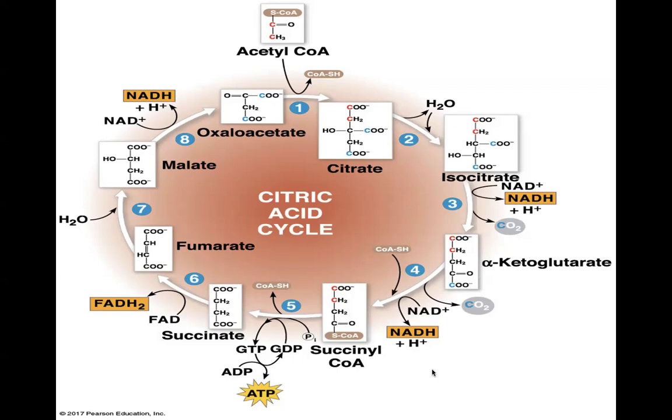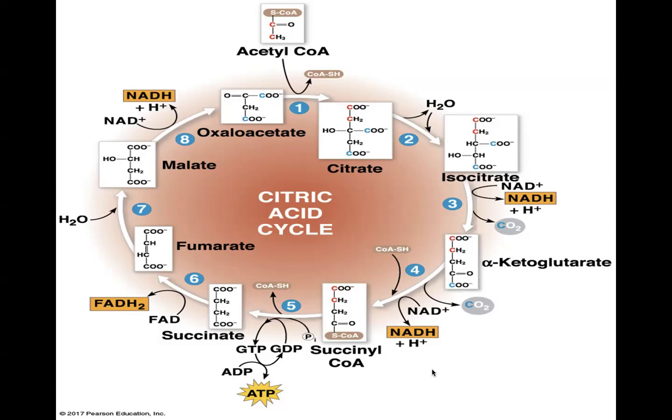When we're going from isocitrate to alpha-ketoglutarate, this is what I want you to remember. We are going from a 6-carbon molecule to a 5-carbon molecule. That means we are losing a carbon. If we're losing a carbon, that means that we are forming carbon dioxide as a waste product. This also means that we have the opportunity to take electrons away from that structure.